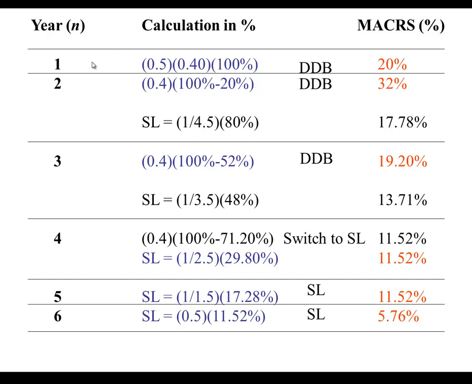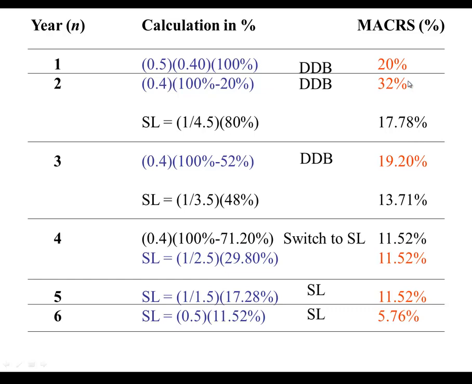So to switch, we have 1 over 4.5, that's 1 over n, the leftover period, multiplied by 80%, which is the difference between the 100% and the 20%. And that will give us 17.78%.